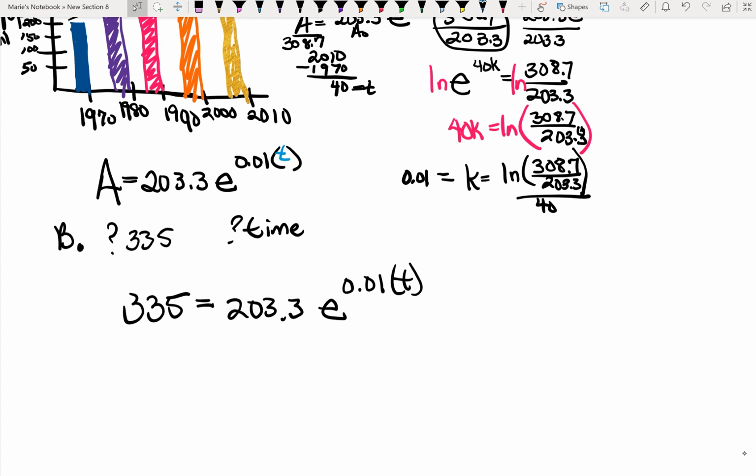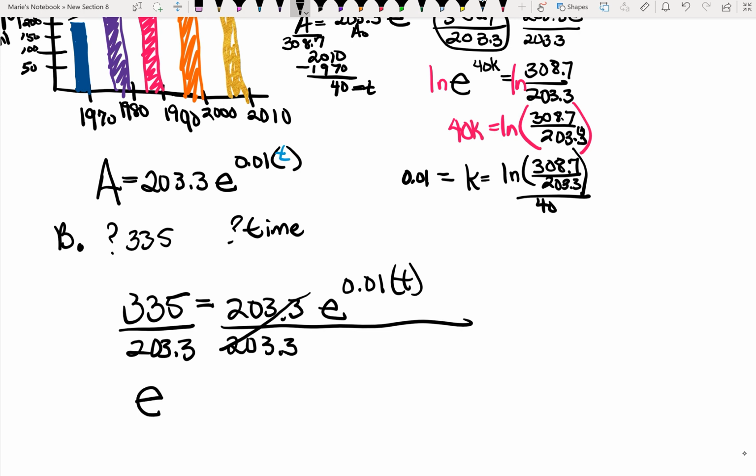So we begin with a similar process. We're going to divide all of this by 203.3 on both sides. Okay, and that'll cancel, obviously, leaving you basically e to the 0.01t is equal to 335 divided by 203.3. So once again, we take the natural log of both sides. We'll take the natural log here and here. This will cancel.